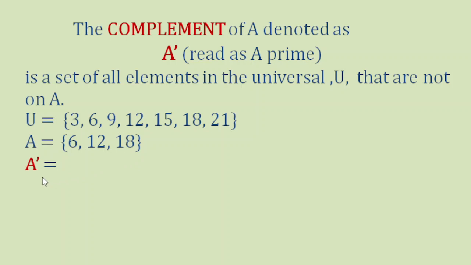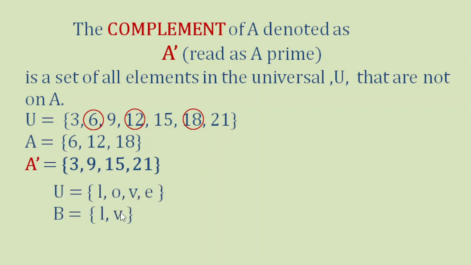How do we find A prime? These elements 6, 12, and 18, which are the elements of A, we are going to remove from U. So our A prime equals 3, 9, 15, and 21.